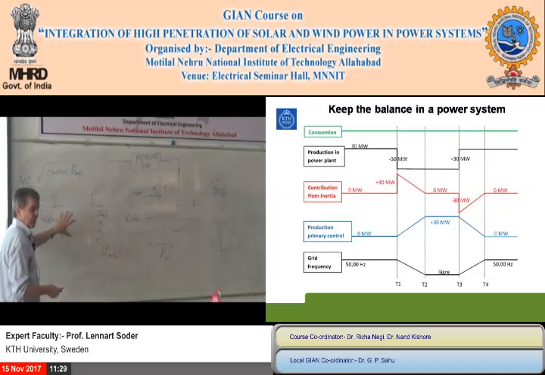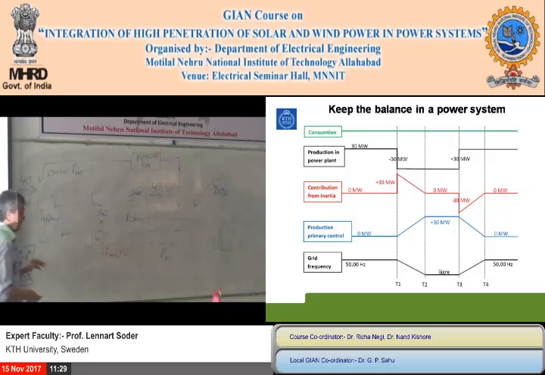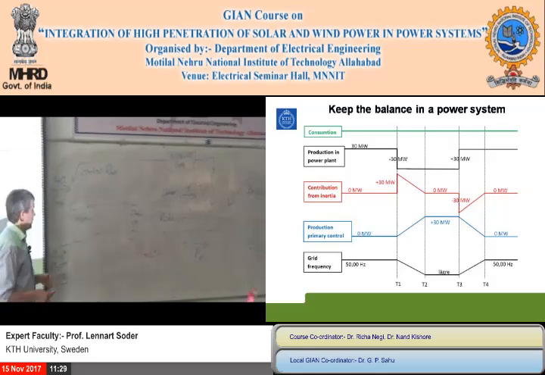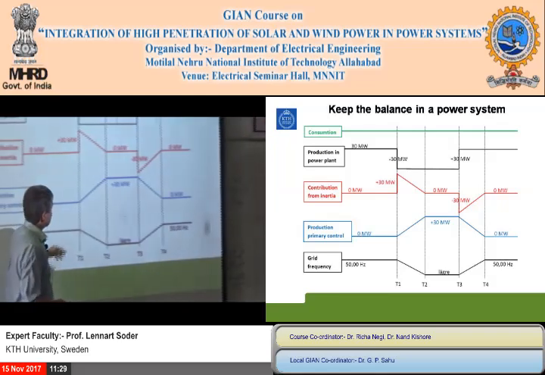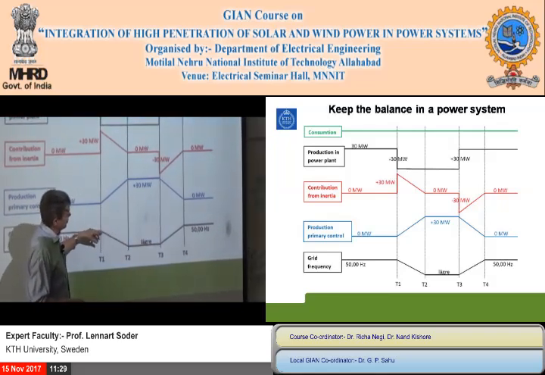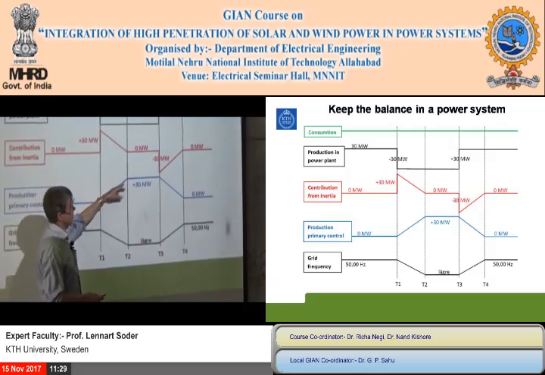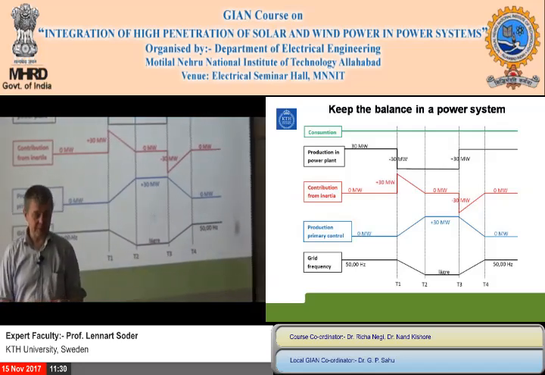This is in reality the H variable, which is decreasing a lot if you take away the turbine. So this is the fundamental issue, that the question is how fast this frequency decreases. And that depends also on what you have here. I will show you some examples in a while.